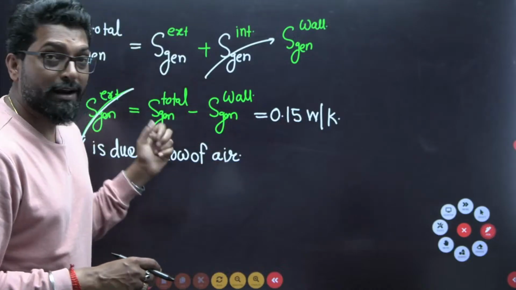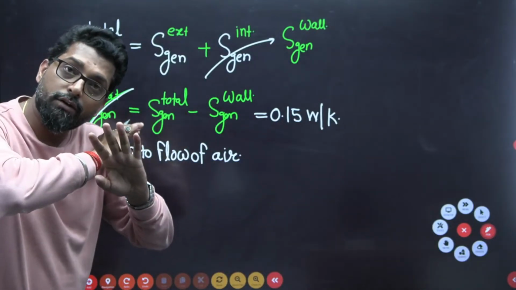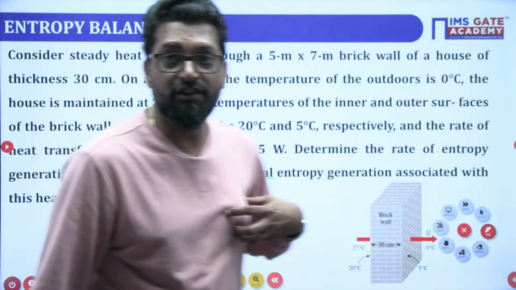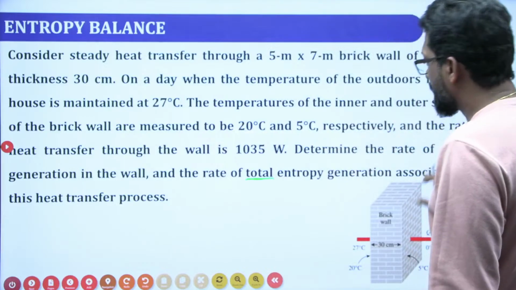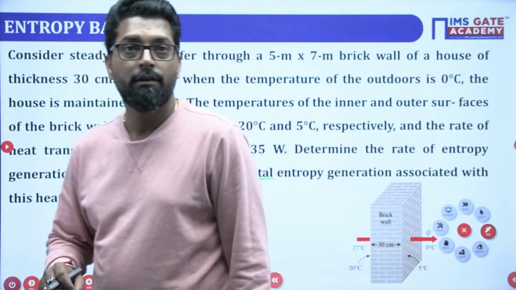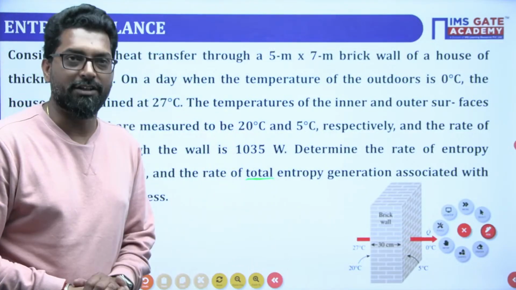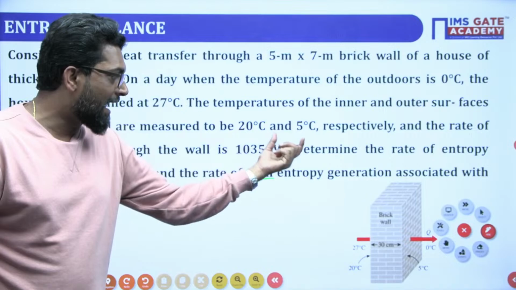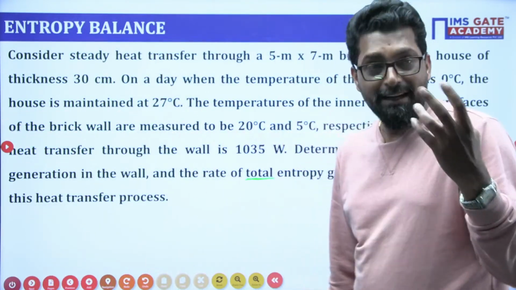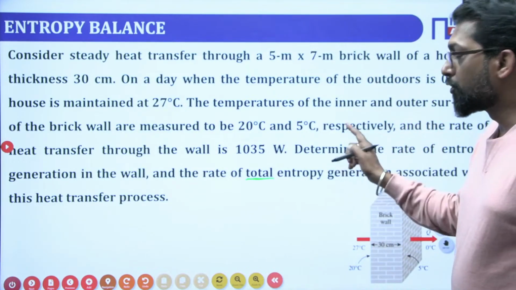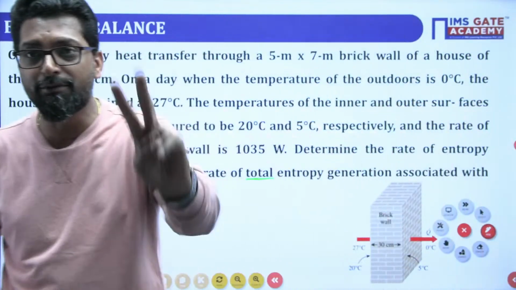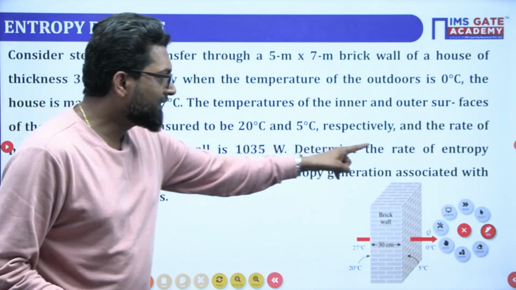If someone asks you in this question, if I am a question setter, I will ask you: determine the rate of entropy generation due to external irreversibility. Or I can ask you: determine the entropy generation due to the flow of air. These two things are the same.